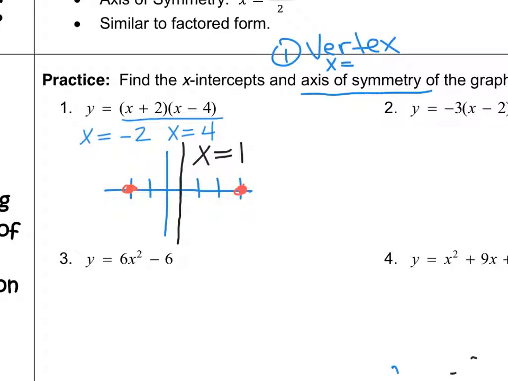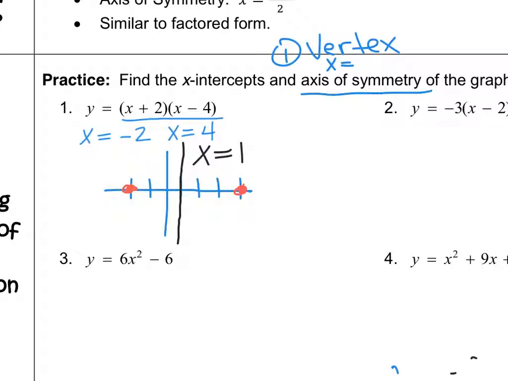So you've got a couple of options. You can use what we've learned in other classes on using the calculator to find the vertex, which is very fast and simple, and then just use the x value of the vertex. Or you can look at your 2 zeros and use those as your symmetrical points, find the point that's exactly in the middle, and that's going to be your x equals for your axis of symmetry.